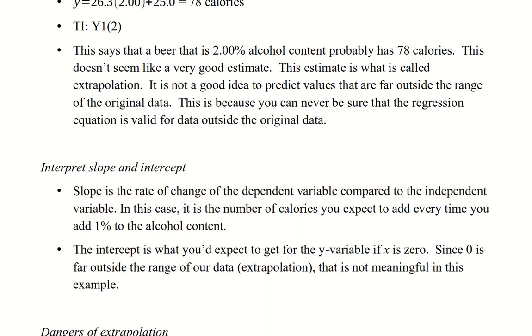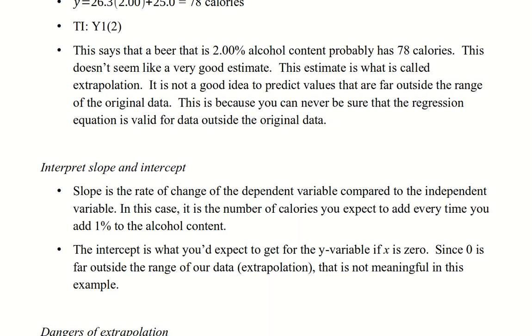So, in other words, how does a change in the independent variable change the dependent variable? In this case, the slope, that coefficient 26.3, is the number of calories you expect to add every time you add 1% to the beer content.